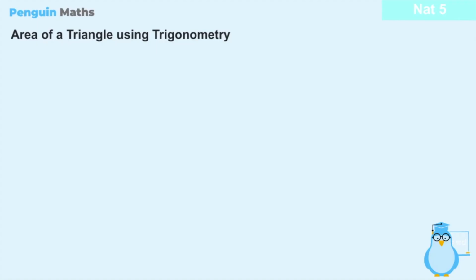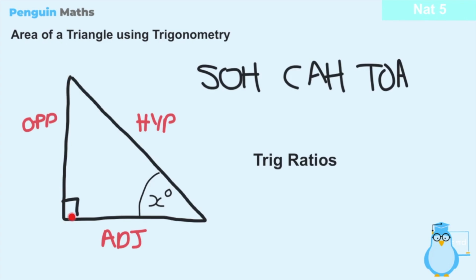Okay, so within some of our previous National 4 lessons, we introduced the concept of trigonometry and how we can use trigonometry to solve several problems. One of these problems was when we had a right angled triangle and we know either one side within the right angled triangle, one length, and the known angle within side. What we could do is use SOHCAHTOA or trig ratios in order to figure out one other side within the right angled triangle.